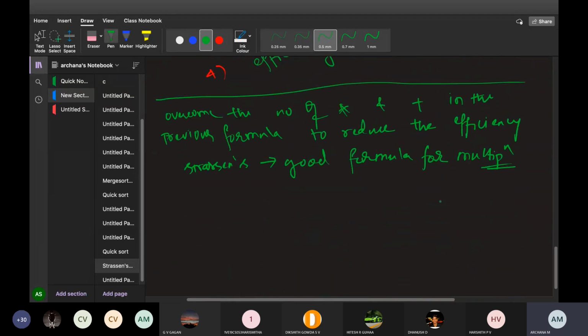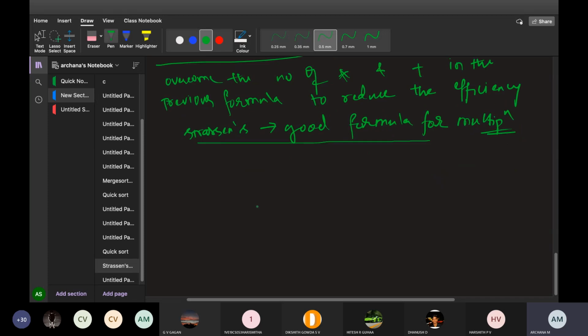To reduce this, Strassen found a good formula for matrix multiplication which reduced the number of multiplications, because multiplications consume more time than addition and subtraction. So he gave new formulas that reduce multiplications and increase additions and subtractions.